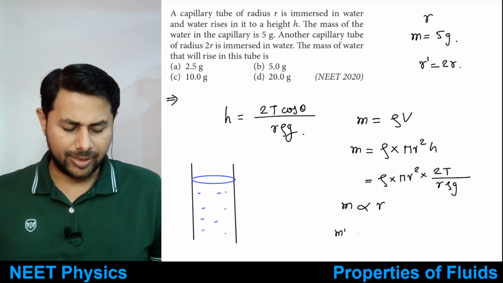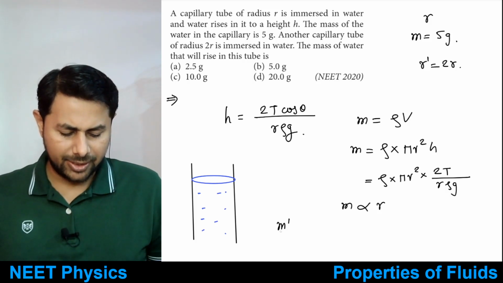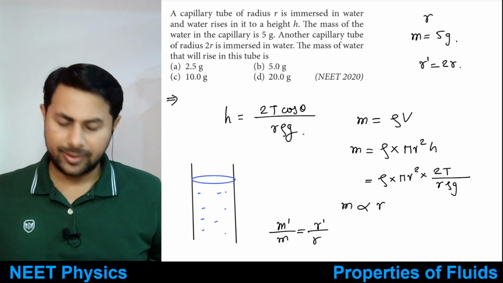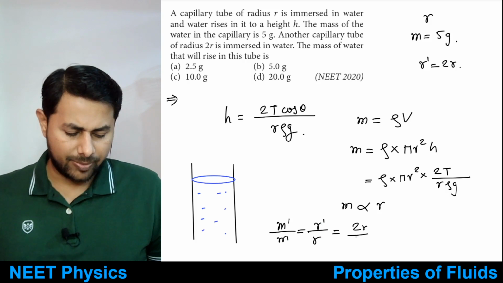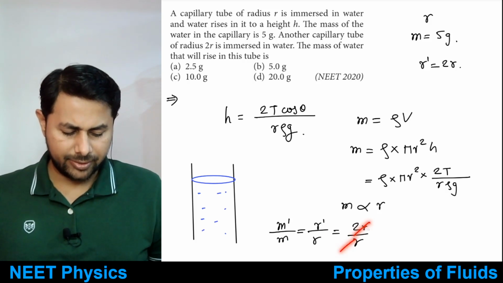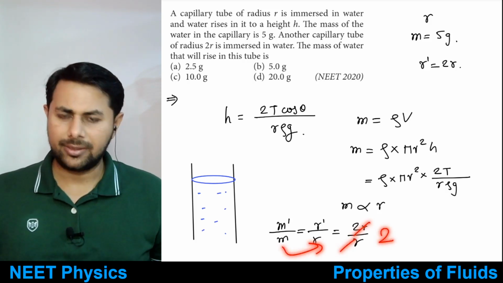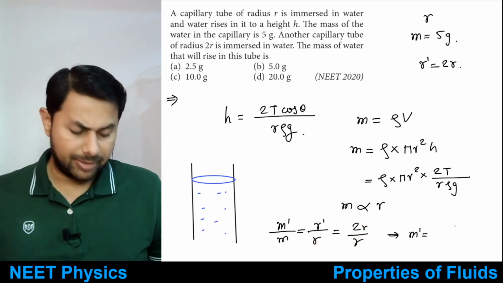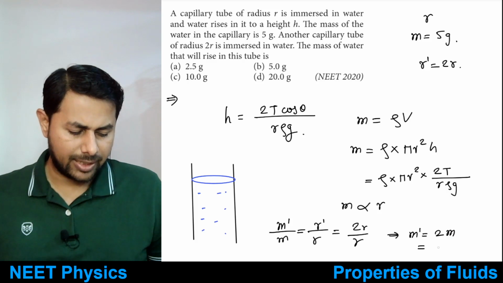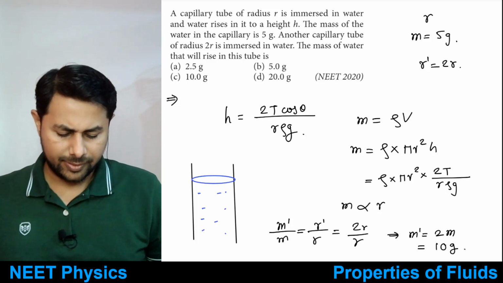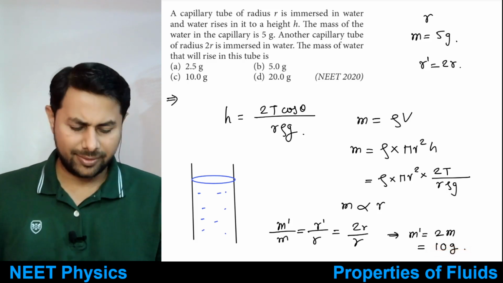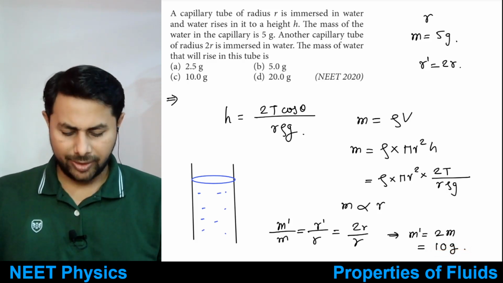So m dash upon m is equal to r dash divided by r, and that is 2r upon r. r gets cancelled, so you have 2. Taking mass to the other side, m dash is equal to 2 times m. So that is 10 grams. Right? Is this thing clear? Everyone?